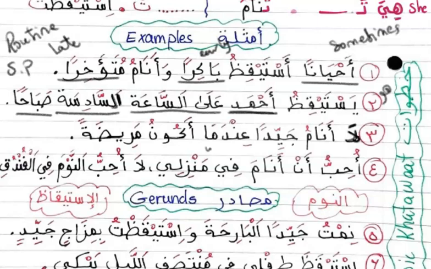عندما. And this when, we are talking about action, when I do something or when. لا أنام جيدا when عندما أكون. أكون is was, but here we are talking about a state. When I am عندما أكون, but it's a state.